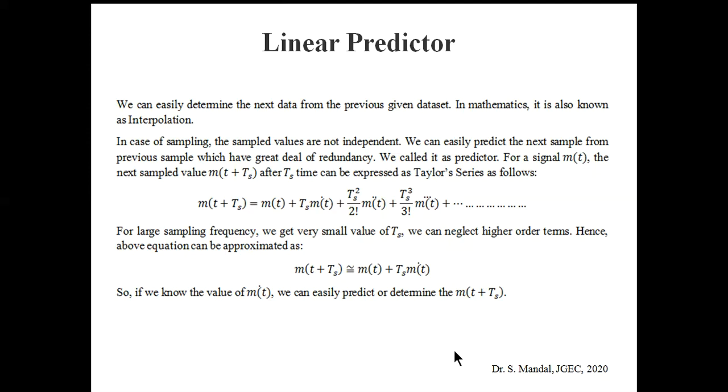In case of sampling, we can predict the next sample data from the previous sampled values. Why? Because sampled values are not independent. They follow a particular pattern of the original analog signal.